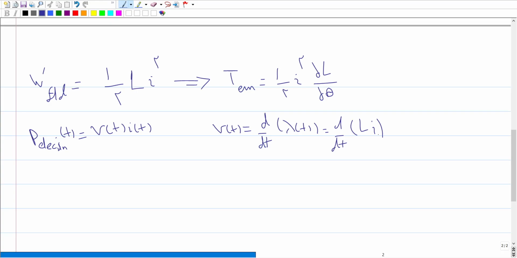I don't use t's to make my writing more compact, and this is L di/dt plus i dL/dt.